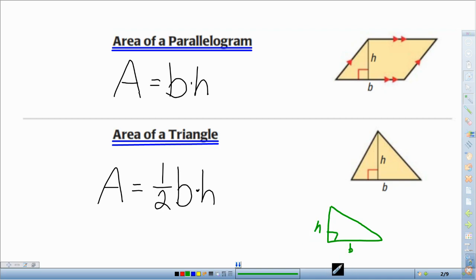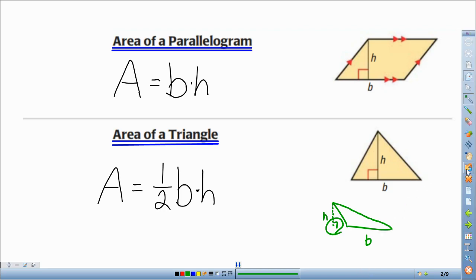It really just depends on the shape of the triangle. If this was the base, they sometimes do a little dotted line and show you the height outside of the triangle. So again, when in doubt, look for that 90-degree angle. There's your base and your height.